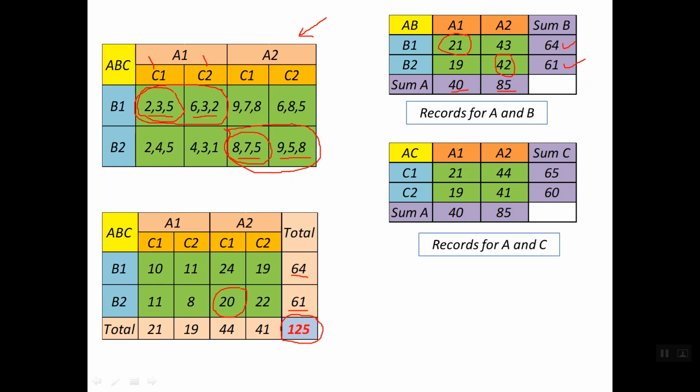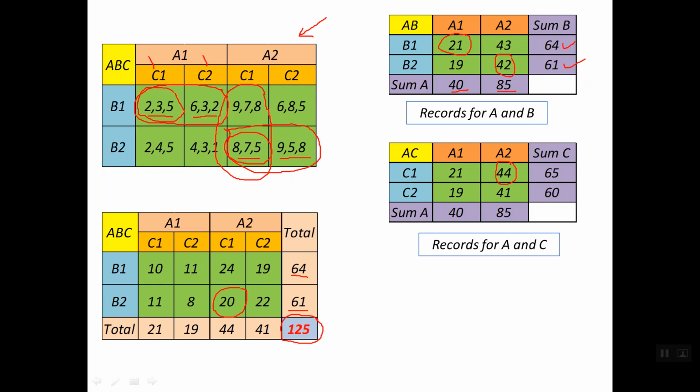For example, let's say the 44 here, which is inside the cell A2 C1. If we return back to the main table, A2 C1 is simply all of these data by ignoring B1 and B2.